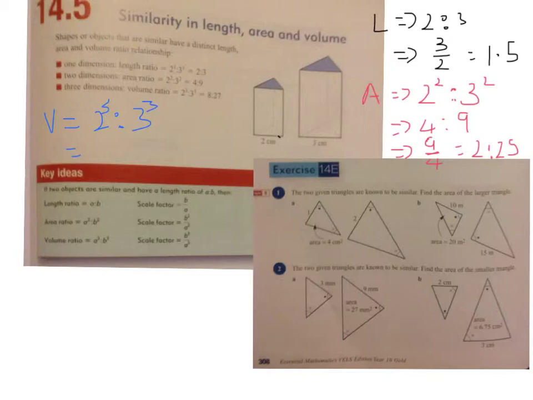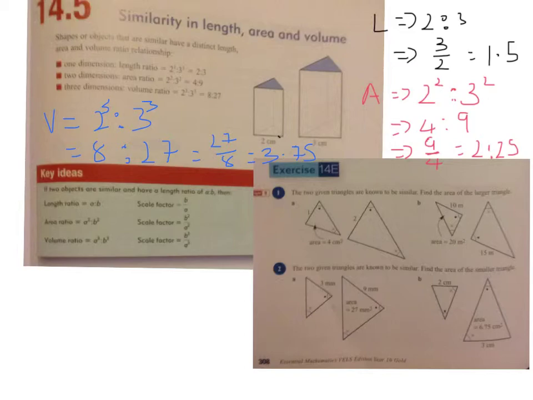So 2 cubed is 2 times 2 times 2, which is 8. 3 cubed is 3 times 3 times 3. 3 times 3 is 9, times 3 is 27. So this time, our scale factor is going to be 27 over 8, which ends up being 3.75.